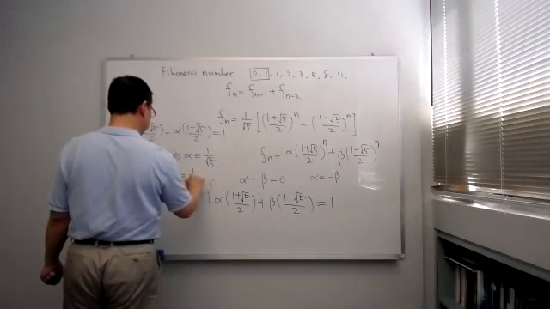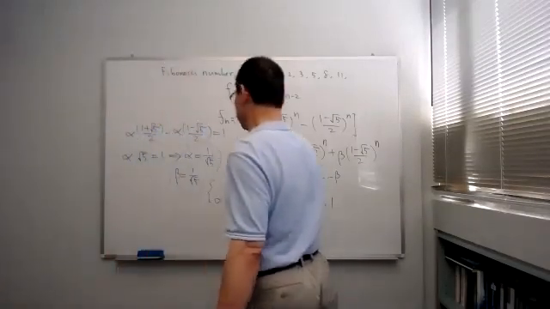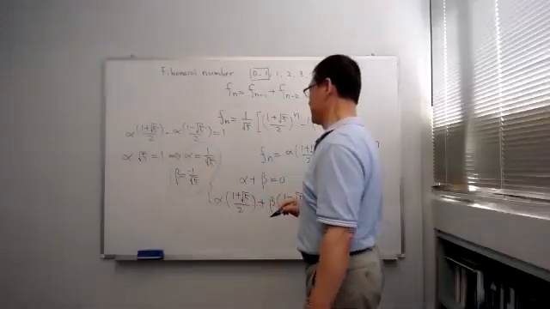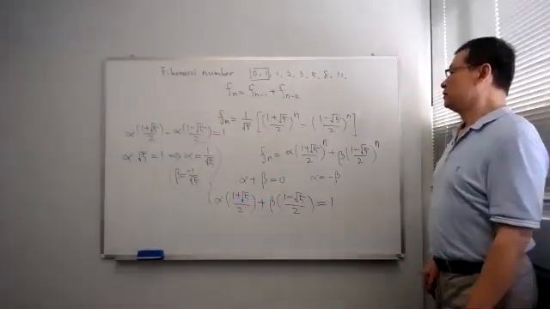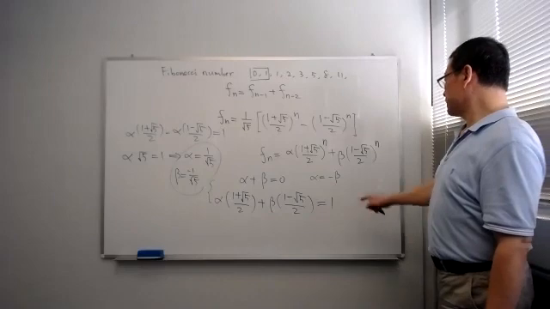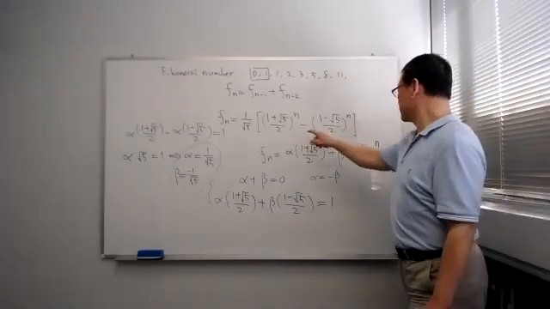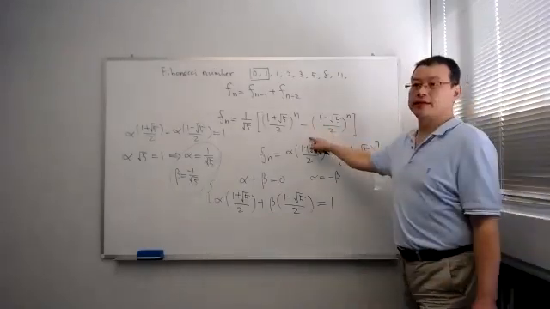Well, not too bad. I think we get both alpha and beta. So that's exactly what we get. So I think I got it correctly.